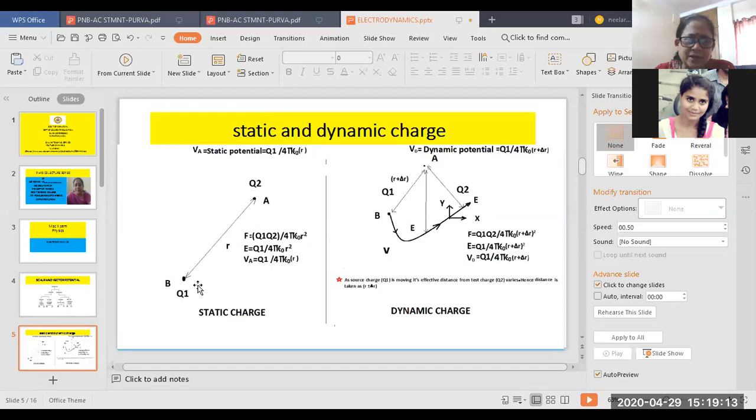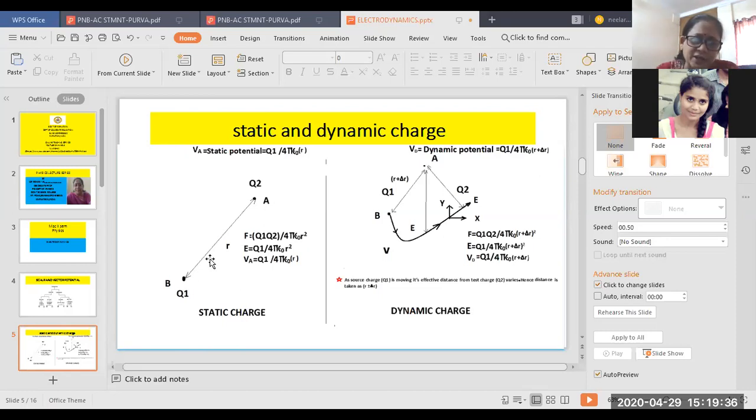You can see here A and B are the two points at a distance r. The value of r changes as the test charge changes its position. It can be here, it can be here, it can be here. It is moving around the source charge, so accordingly it will feel different energy.